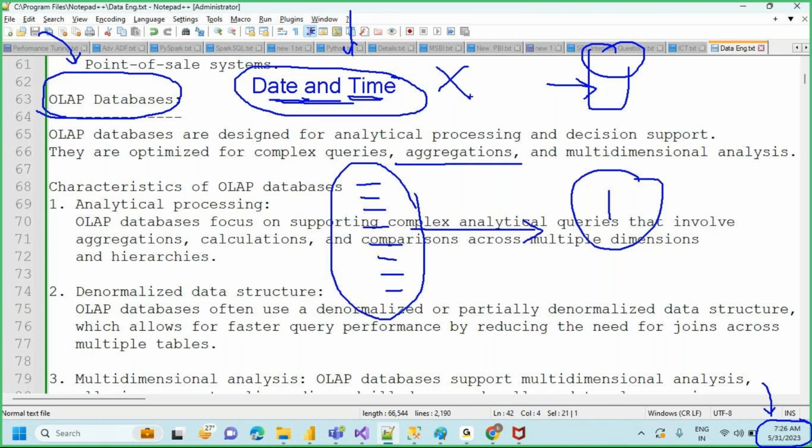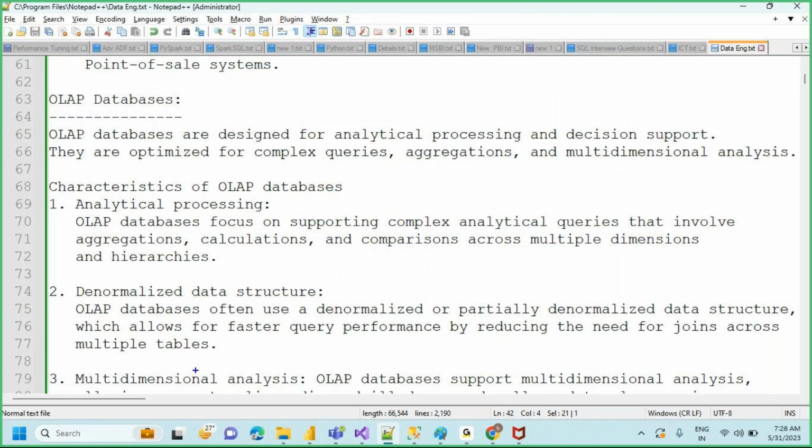So the purpose of this is to do analytical processing. And your OLTP system is a normalized system, whereas your OLAP system is a denormalized system.